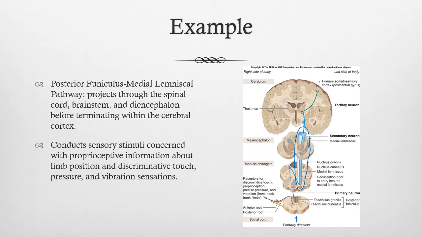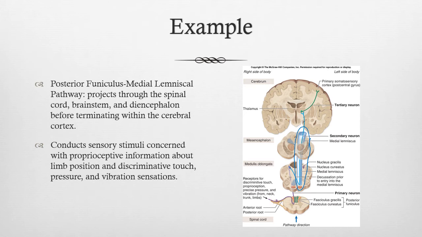This sends up general sensation information, everything from conscious proprioceptive information, our ability to know where our joints and muscles are at any given time, to information about touch, vibration, and pressure on the skin itself. All of that information travels up through this particular tract.